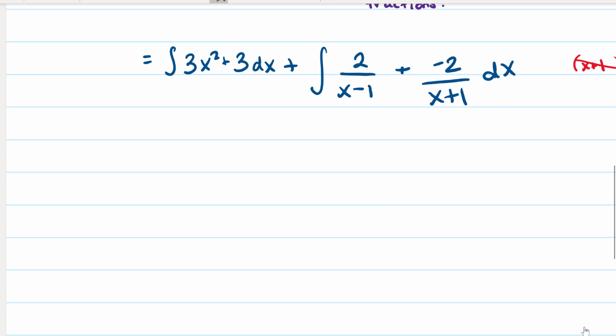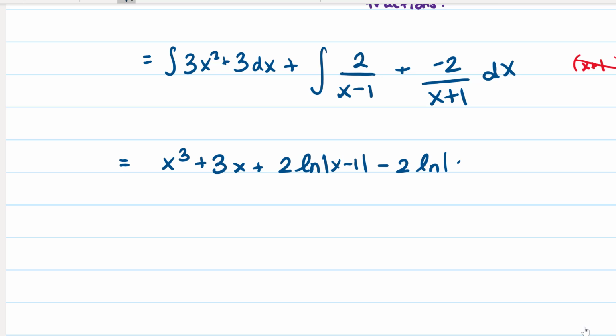Now the integrals become super easy with partial fractions. This is just going to be x cubed plus 3x plus 2 ln absolute value of x minus 1 minus 2 ln absolute value of x plus 1 plus C. And that's kind of it. We need to do more simplifying, but that's the calculus step. Right from here to here, that's the calculus step.